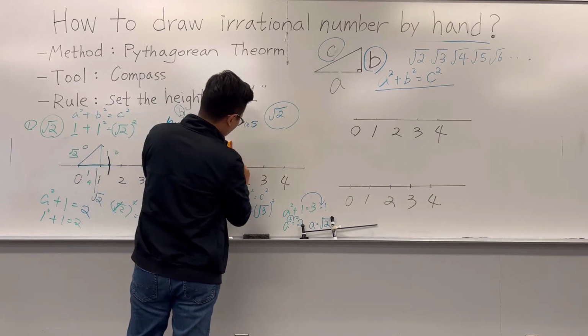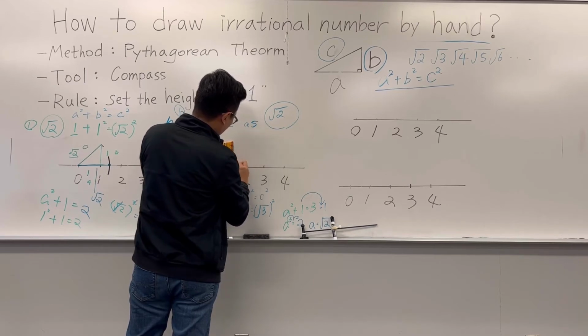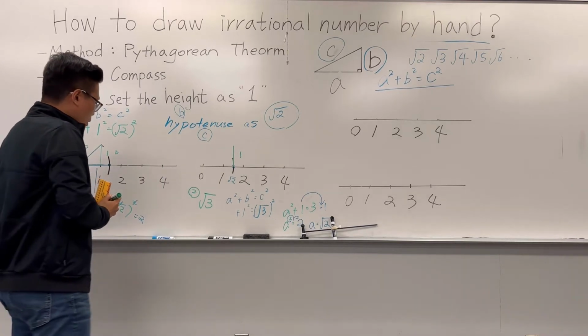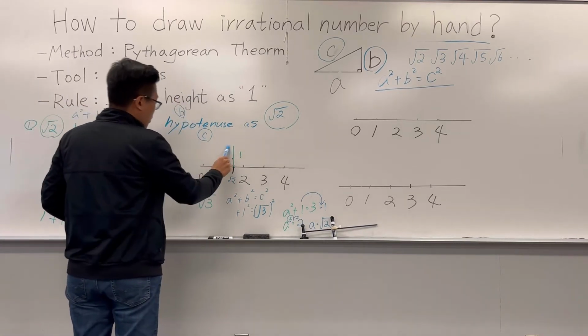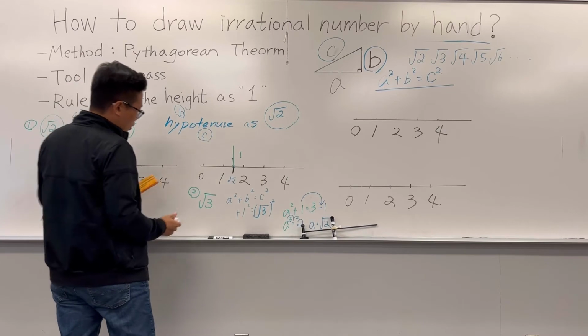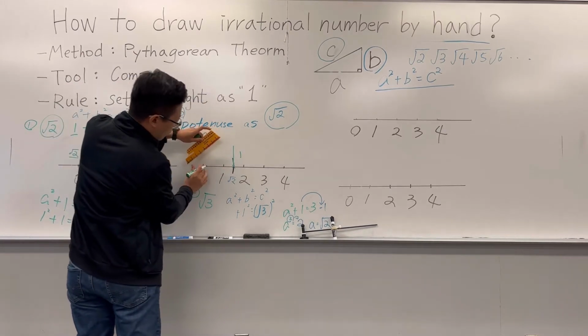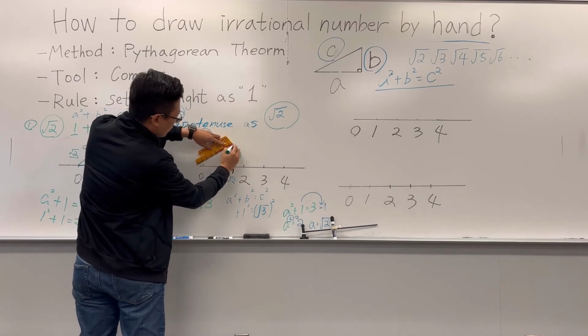So I point out this. That's 1. Now I can connect these two lines for the hypotenuse. So the hypotenuse is here, starting from 0 to this point, the top point.